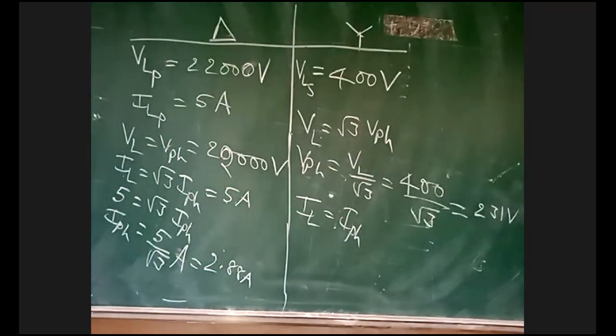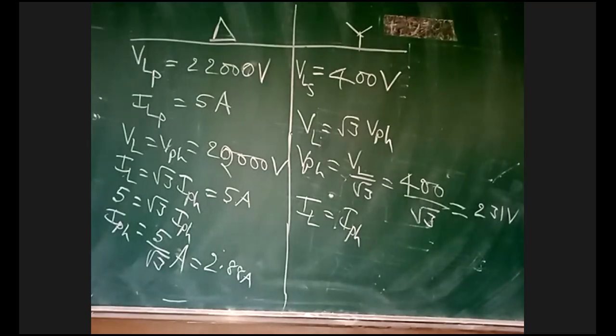So until now I have not done anything in the problem. I have just determined the line current. On the primary side, we know the line voltage, phase voltage, line current and phase current. On the secondary side, I know only line voltage and phase voltage. Now I have to determine the line current on the secondary side.